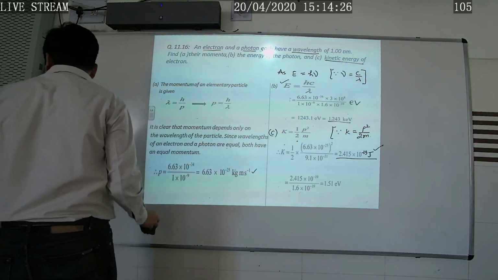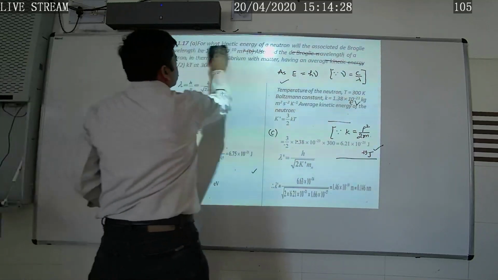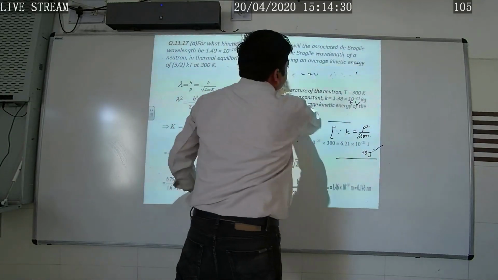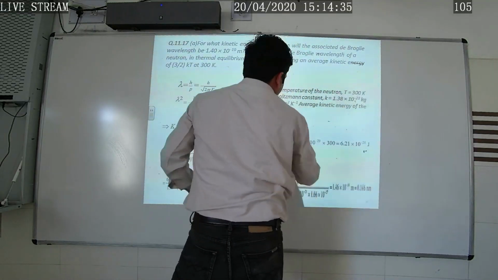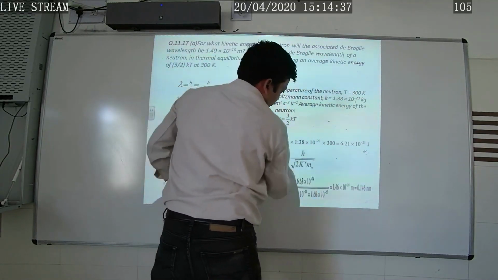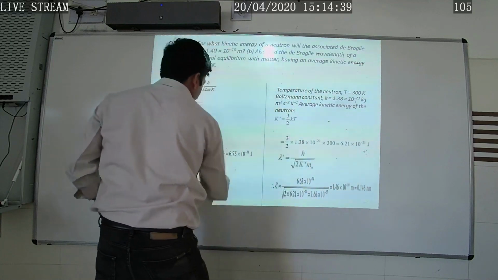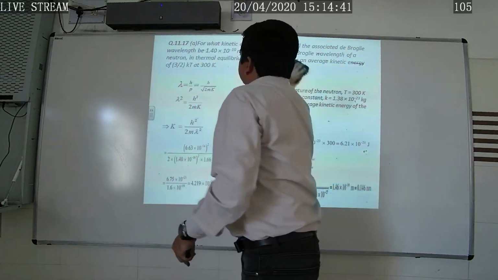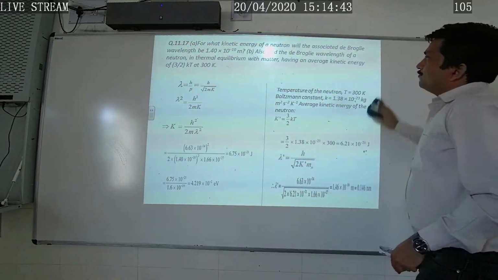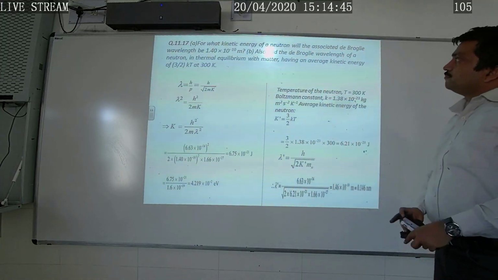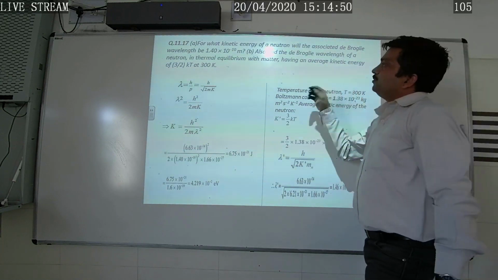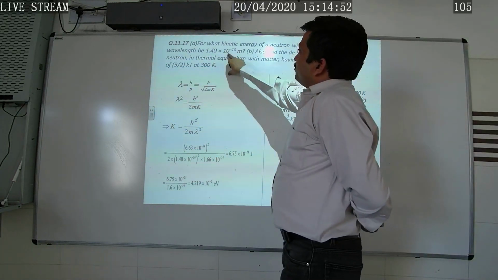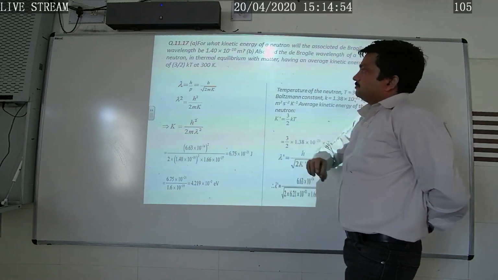Let's start solving the next question, the 17th question. In this question, it is asked: for what kinetic energy of a neutron will the associated de Broglie wavelength be 1.4 into 10 to the minus 10 meter?